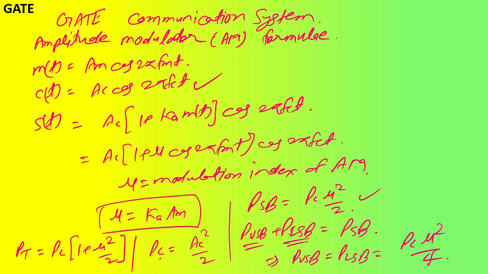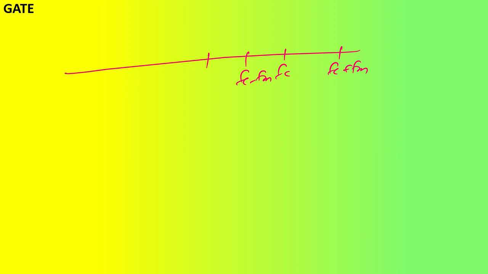The bandwidth requirement would be, as you know, let's say this is my fc, this is my fc plus fm, this is my fc minus fm. Same way here also it will become minus fc, and this will be minus of fc minus fm, and this will be minus of fc plus fm. This is your 0.